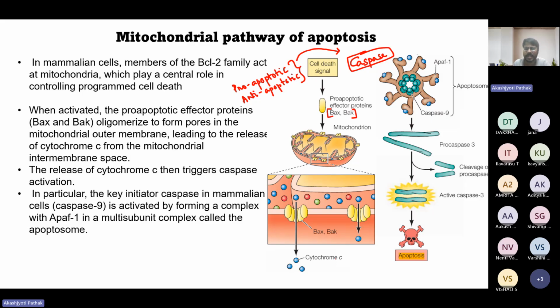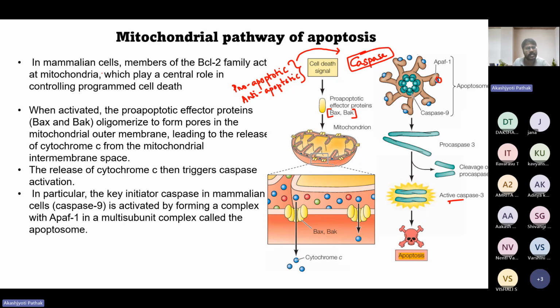Once released, cytochrome c binds to the Apaf-1 protein complex, and this structure is called the apoptosome. Once the apoptosome is formed, it converts procaspase 3 into active caspase 3, and once caspase 3 is activated, all the different proteolytic degradation starts to take place.